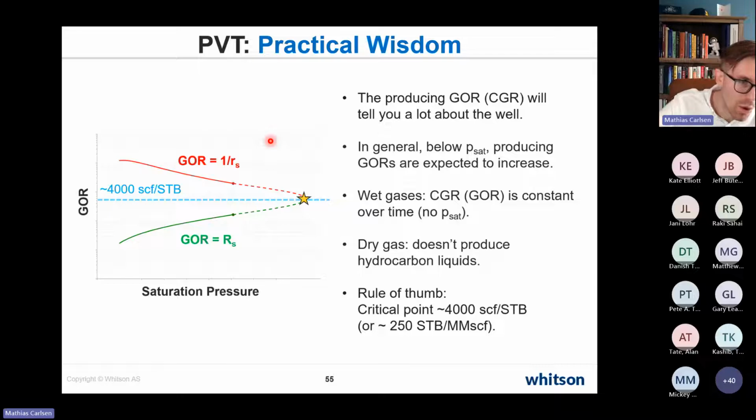So if a well comes online with an initial producing GOR right here, you know you're dealing with the most complicated type of fluids. That's where an equation of state is definitely needed to create those relationships, because that's where all the correlations break down. The correlations typically work well up to 1,000 scf per barrel, and if you read the papers, that's typically the data set that has been used.